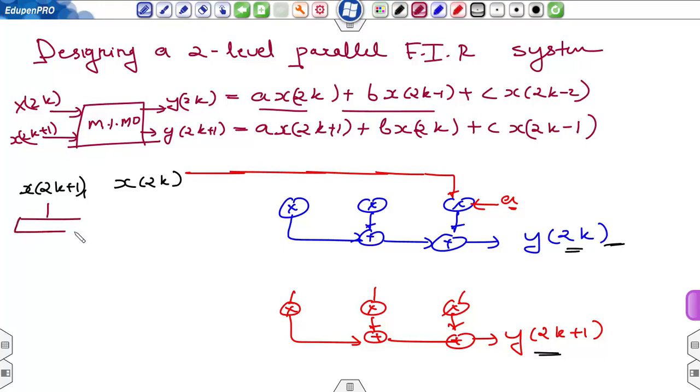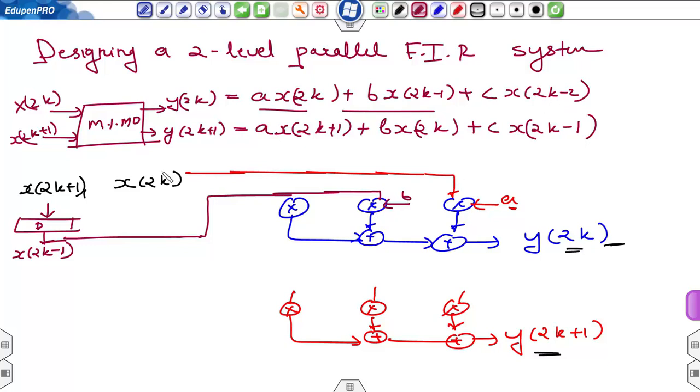If I use a delay element and the input is x of 2k plus 1, so the output will be x of 2k. Since this is a two level parallel FIR filter, the difference will be of 2, so 2k minus 1, and this I can connect to the second multiplier, and the multiplication factor b can be given to the second input of this multiplier.